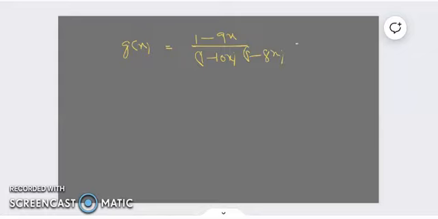So this is the value of g of x. Now g of x can be decomposed into partial fractions.